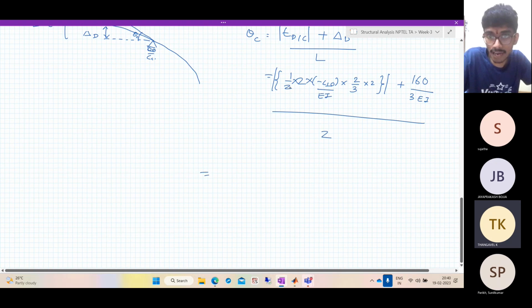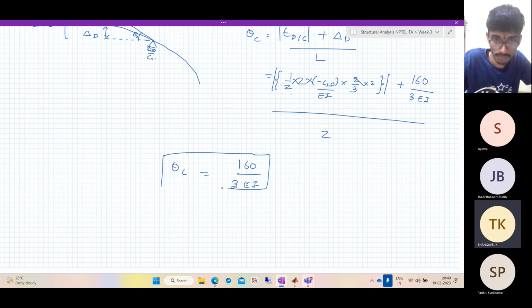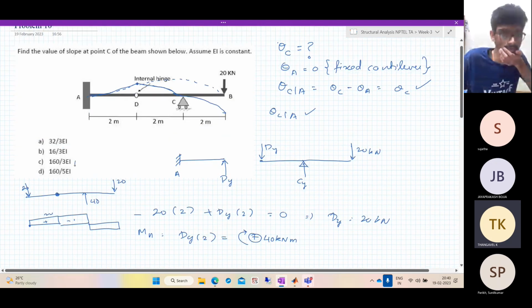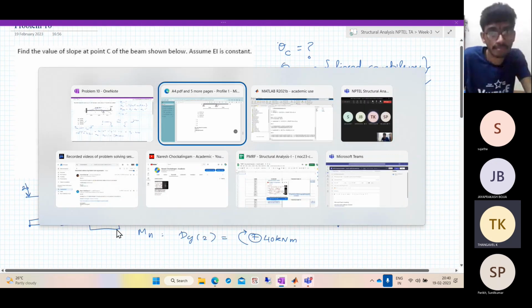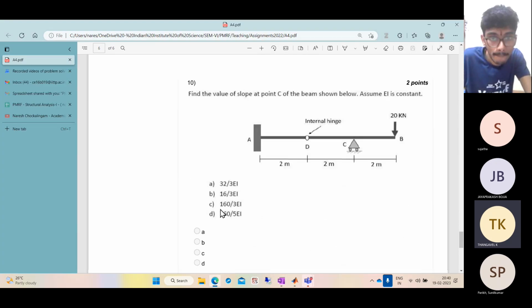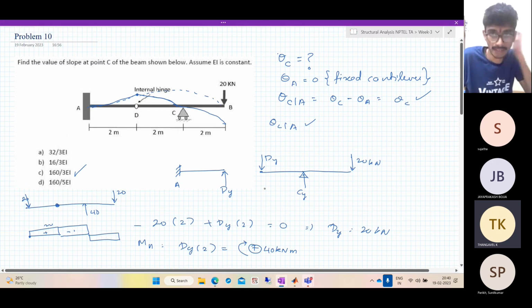So the half goes away. Again 40, 160 by 3 EI. So we get 160 by 3 EI as theta C. Is it correct? Yeah, 160 by 3. Yeah, that is correct.